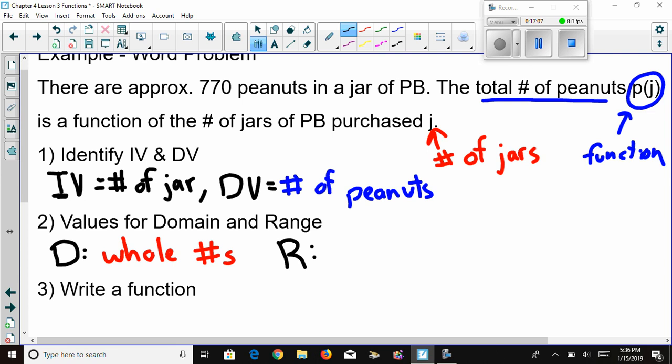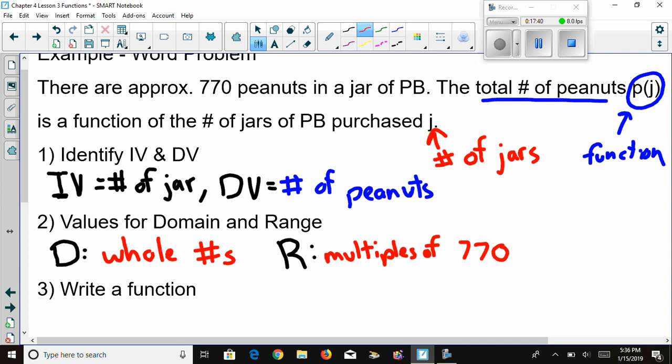So what's going to happen is we can describe the range as multiples, so any number that I get by multiplying it to, so it's multiples of 770. So whatever I can multiply to 770, all that's going to end up being my range.